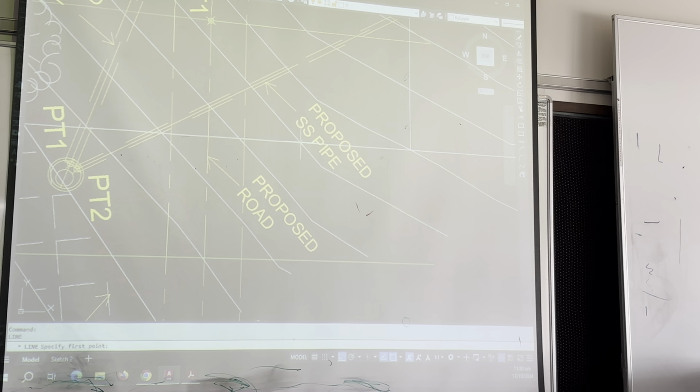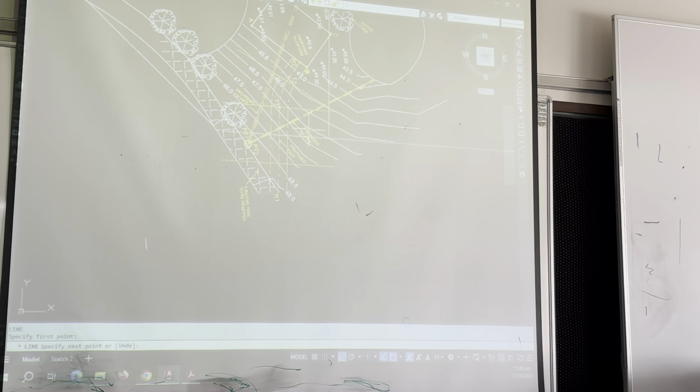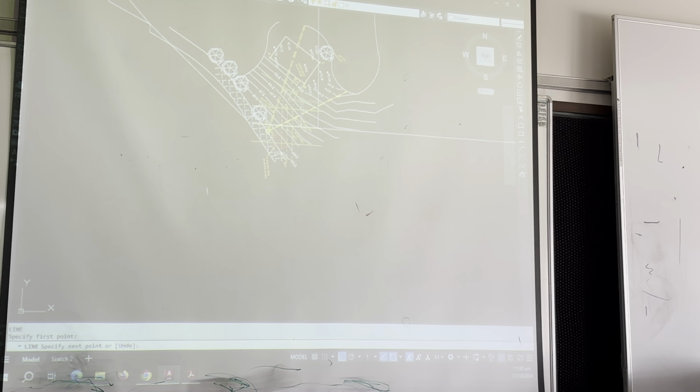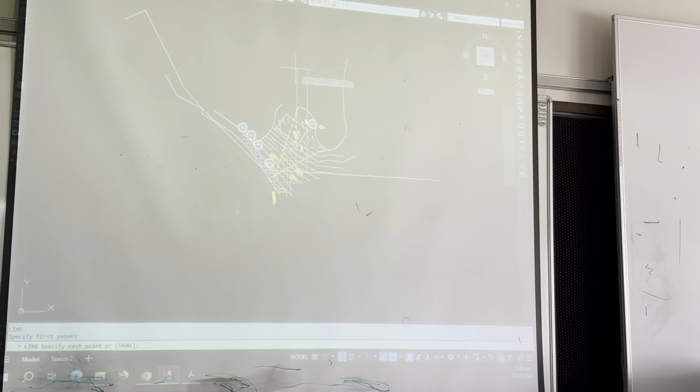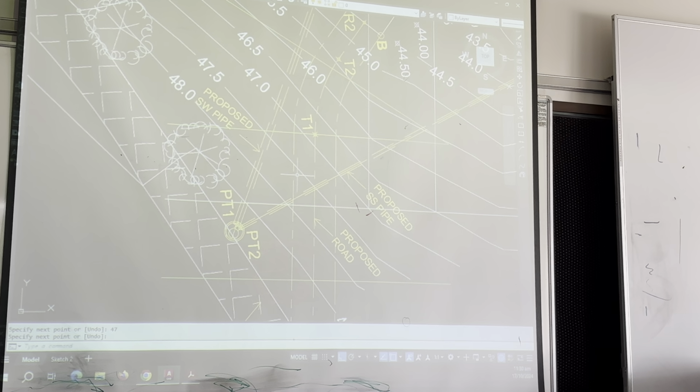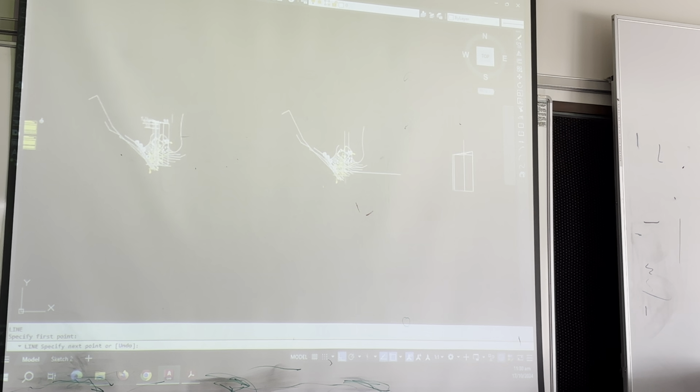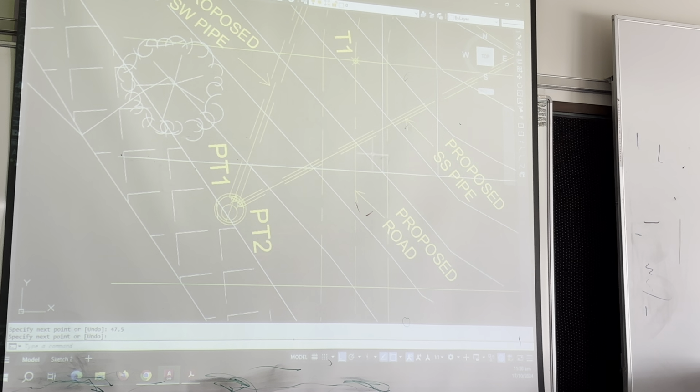A line from here up 47. A line from here up 47.5. A line from here up 48.